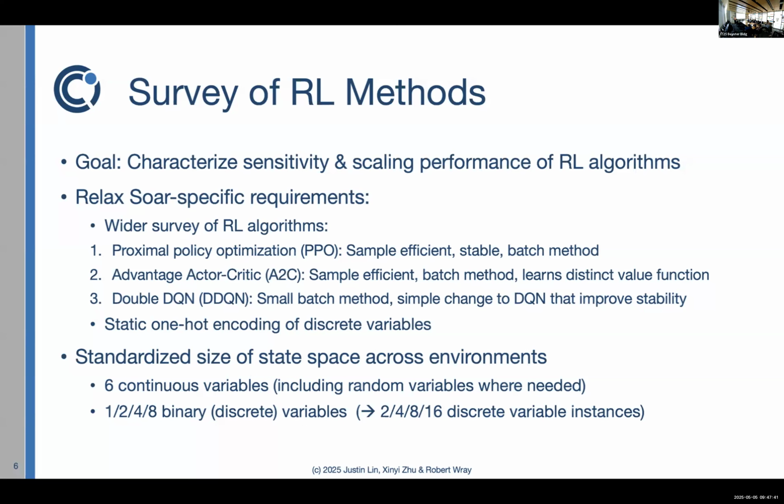We looked at PPO and actor critic, which are both algorithms that take this batch approach to learning, as well as a variation of DQN called double DQN. We didn't worry about this dynamic encoding of variables for this part of the project. So we just one-hot encoded all those discrete variables into a network to learn the network. And then, as I mentioned, we tried to standardize the variable space across the different environments.